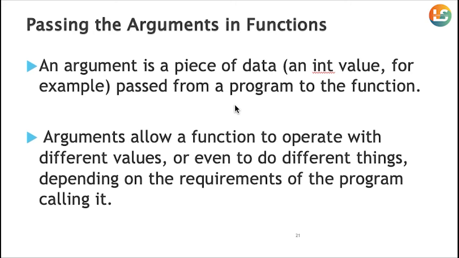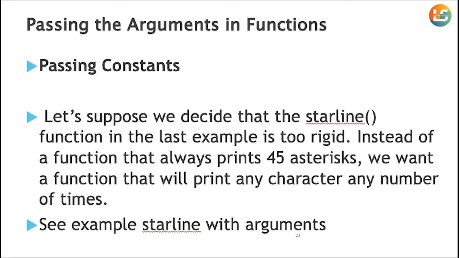Let's suppose we decided that the starline function in the last example is too rigid. Instead of a function that always prints 45 stars, we want a function that will print any character any number of times. So for the example, we have to add arguments to the starline function.